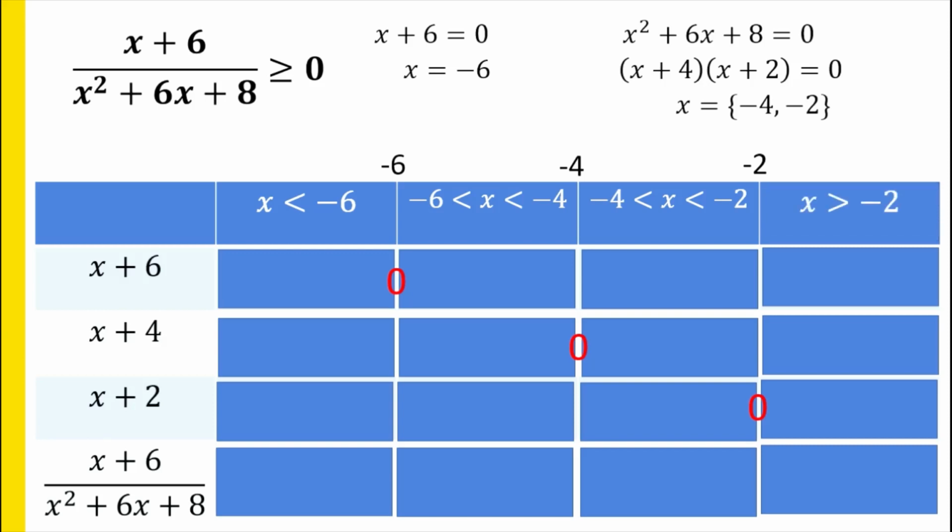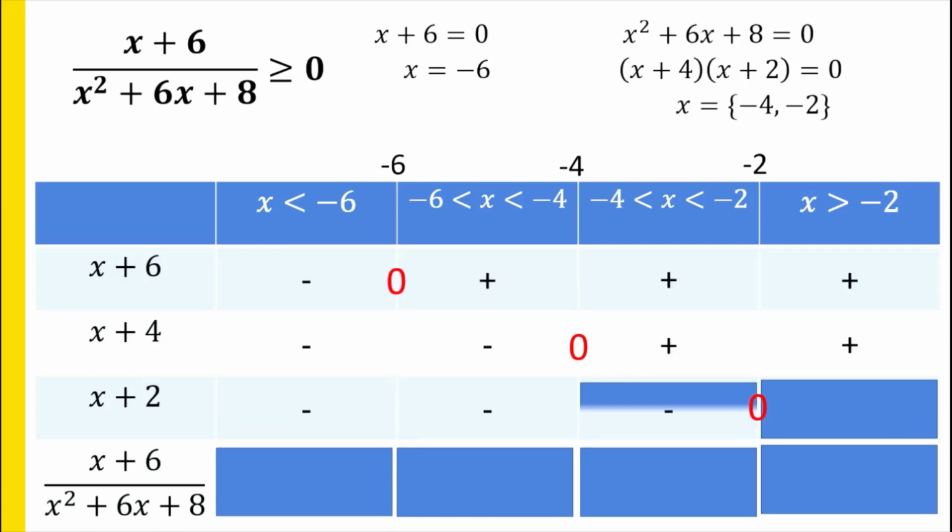The last one: x is greater than negative 2. Now, as you observe, all the signs of x here are positive, right? So all the left side of 0 is negative, and all the right side of 0 is positive.